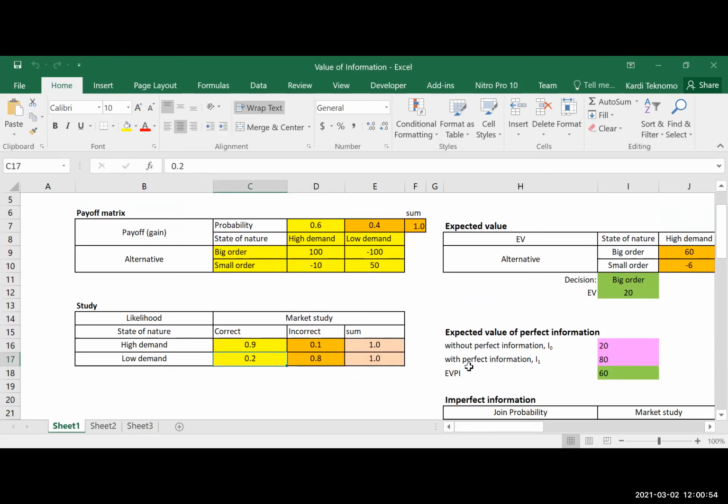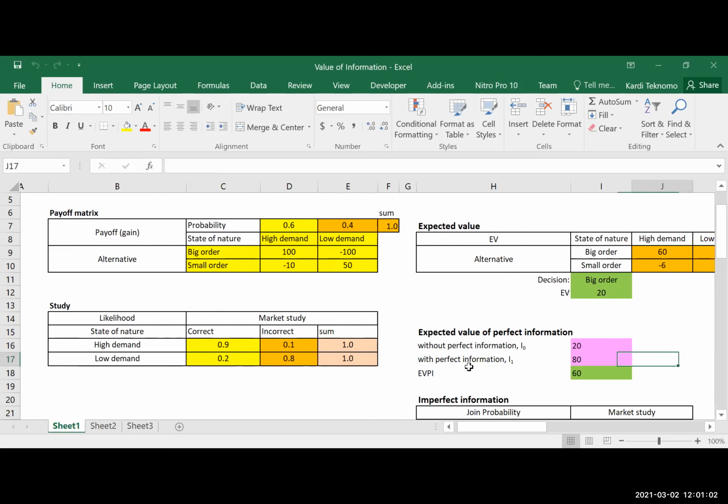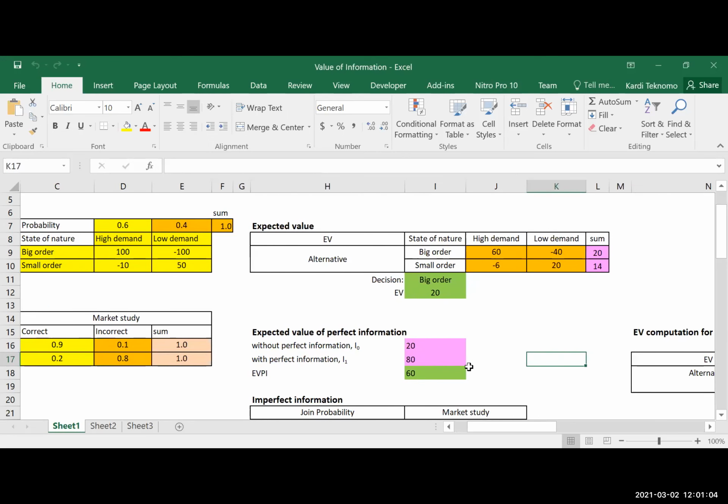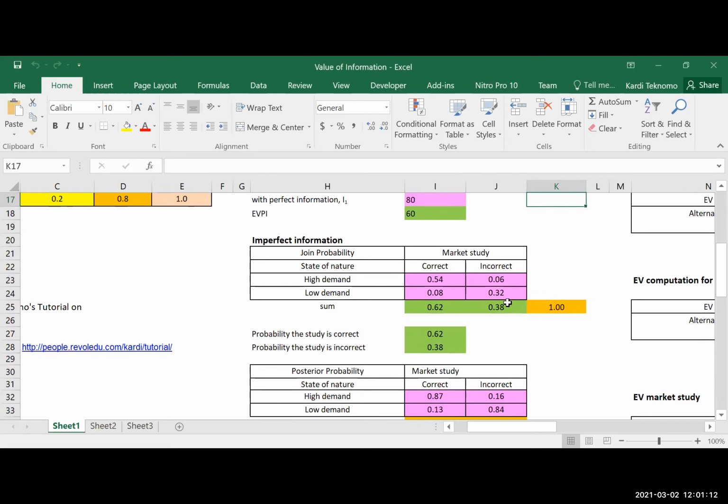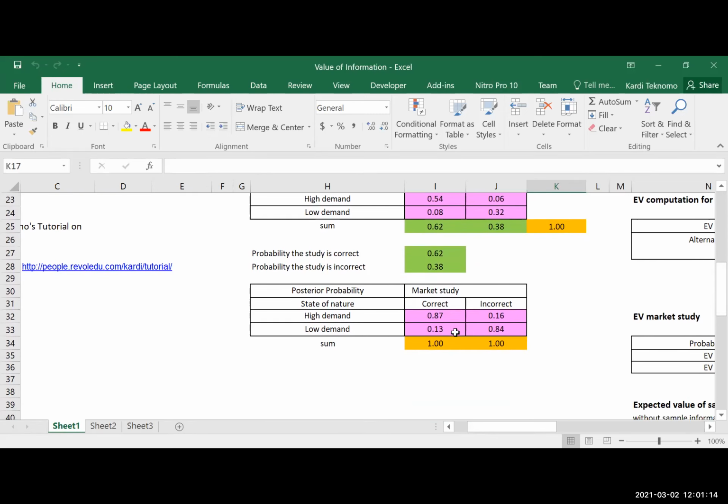Because of your market study, you have a correct result or incorrect result. Then you can calculate that. What is the expected value if you have imperfect information? What is the computation? Here is the posterior probability I showed you a while ago in the slide.